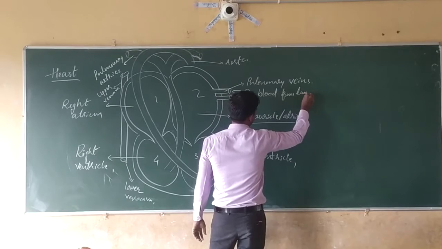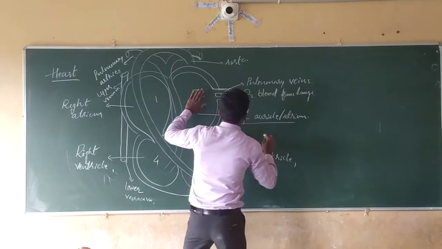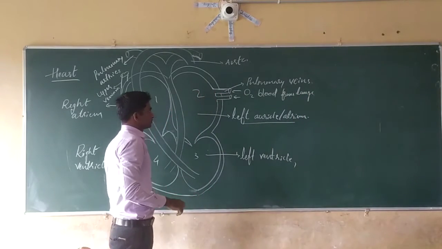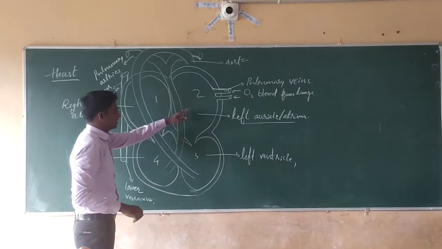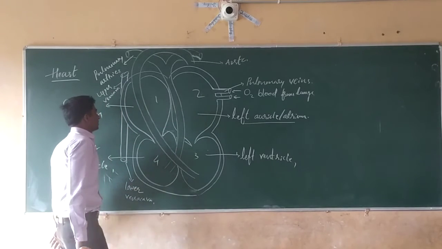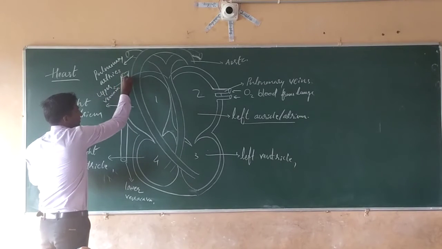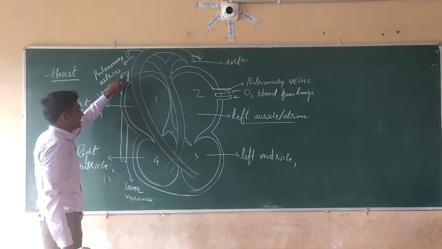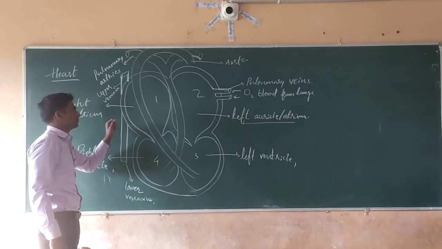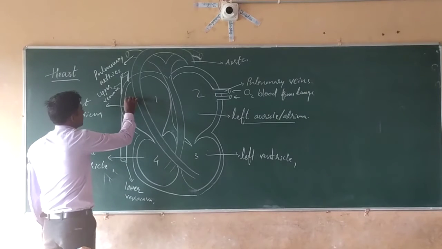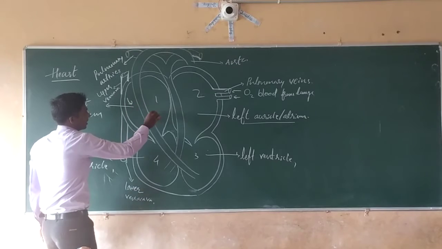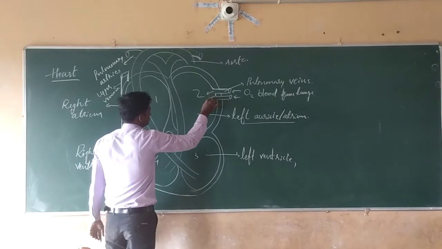From the lungs, it brings blood to the left atrium. The next, after this one, it will enter the left ventricle. Then here, deoxygenated blood from the body will enter the heart.